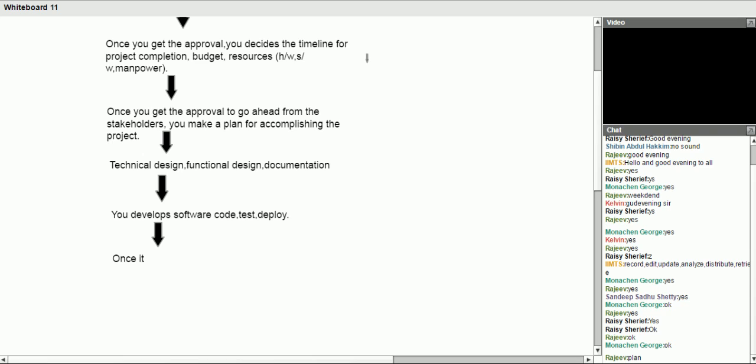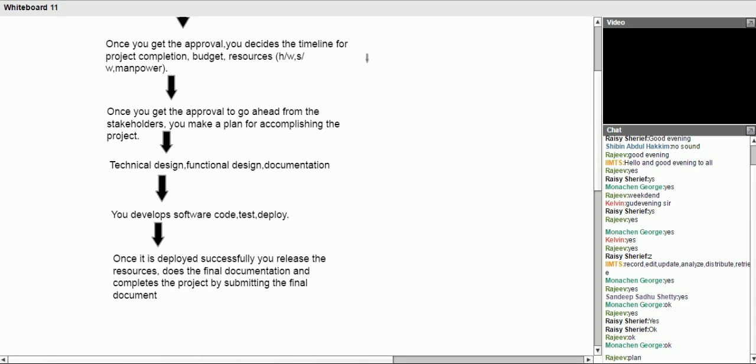Once it is deployed successfully, you release the resources, do the final documentation and complete the project by submitting the final documentation to the concerned authority.